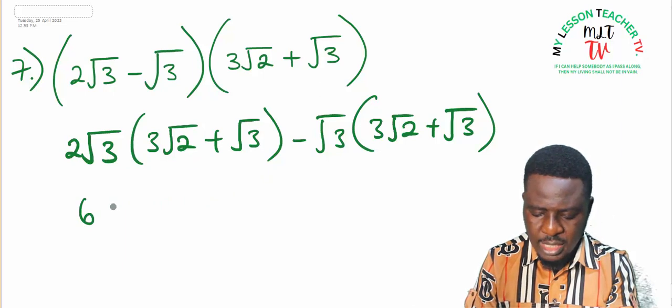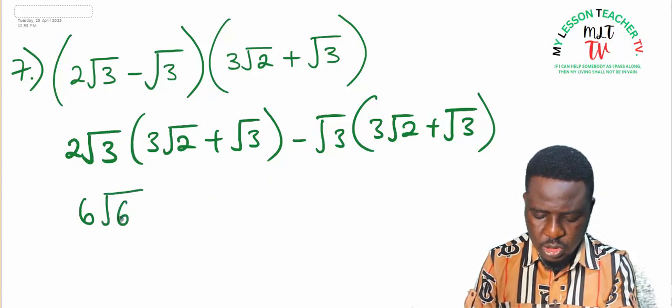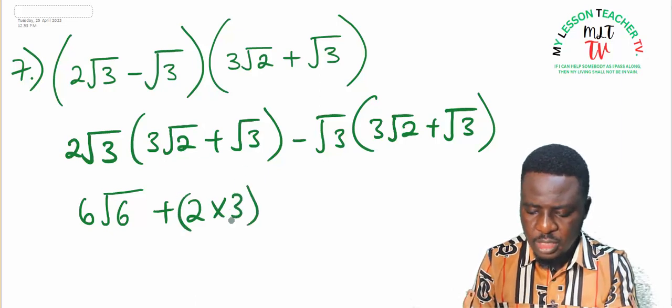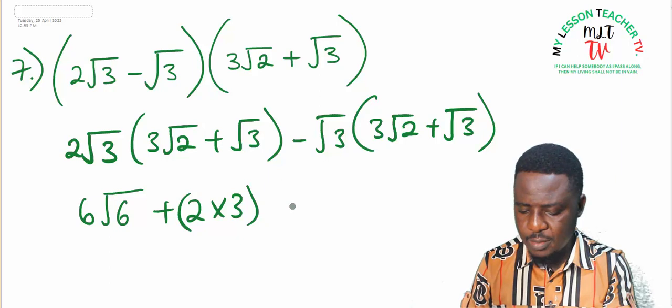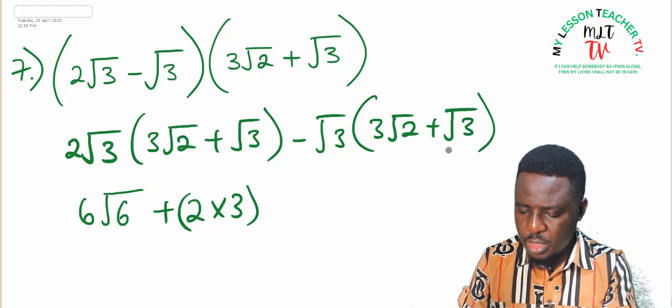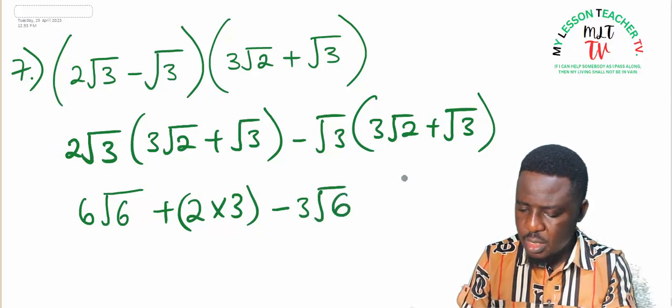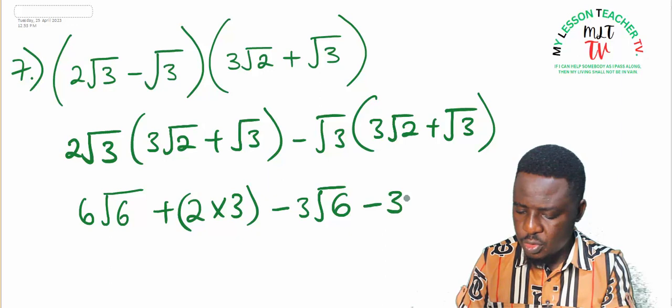Root 3 times root 2 is said to be root 6 plus 2 root 3 times root 3 gives us 2 times 3. For root 3 times root 3 is 3. Do the same with the second bracket. You have minus 3 root 6 and minus 3.